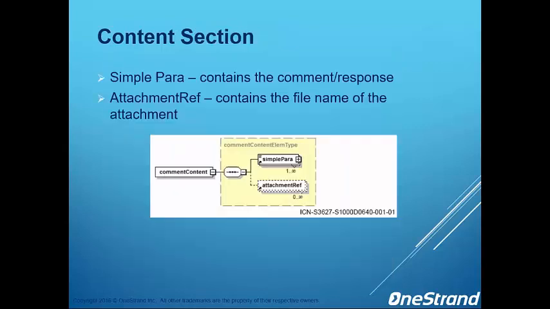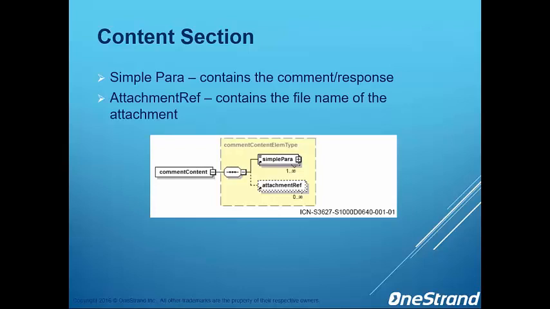Then we come down to our content section, and inside our content section, we have a mandatory simple para, and it's 1 to infinity. So we've got to have at least 1 para inside the comment. If you're making a comment, you need to actually add the comment. And we can also put in an optional attachment.